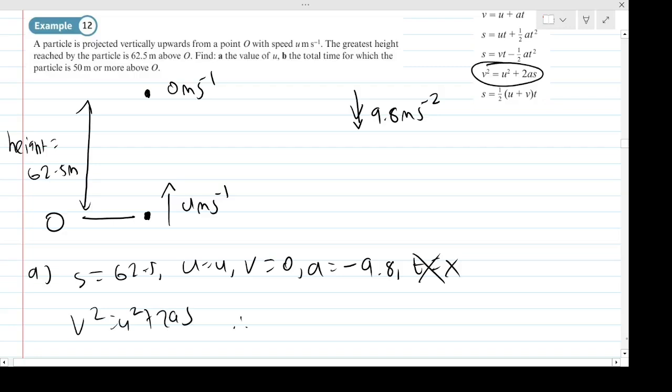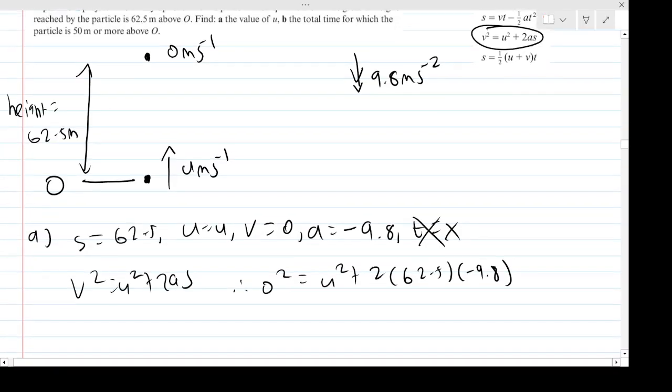So v squared, 0 squared, is u squared plus 2 lots of 62.5 times minus 9.8. If we simplify, we get 0 is u squared plus 2 times 62.5 times minus 9.8, which gives minus 1225.